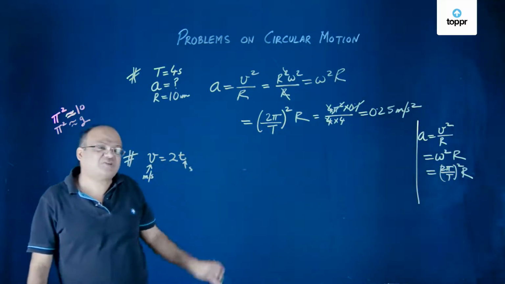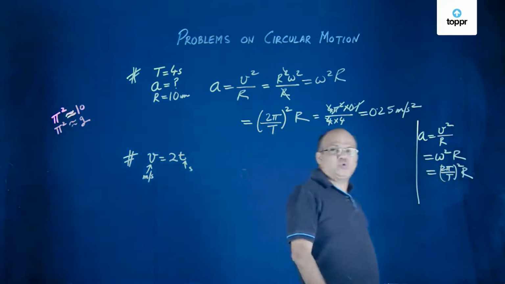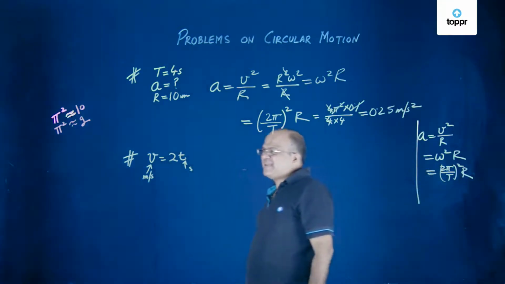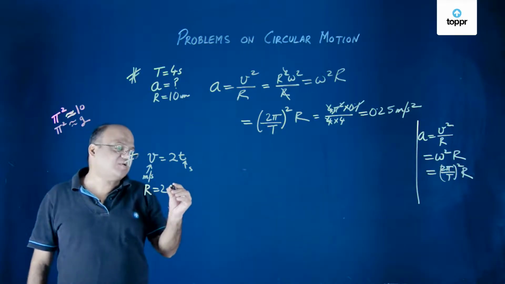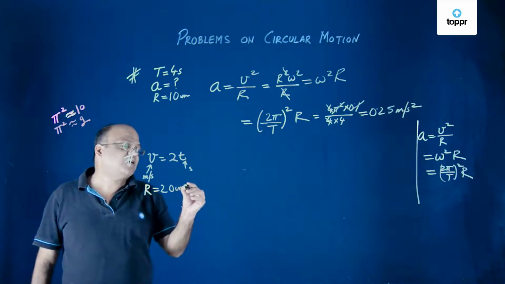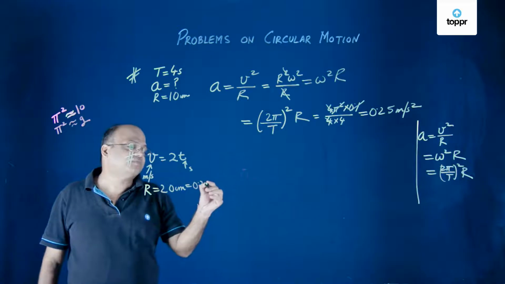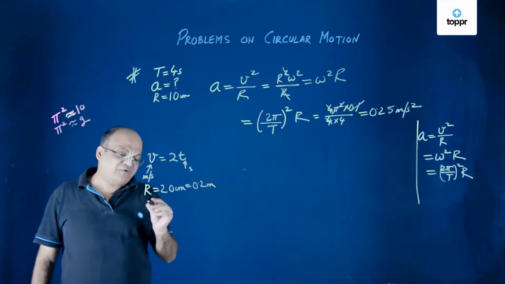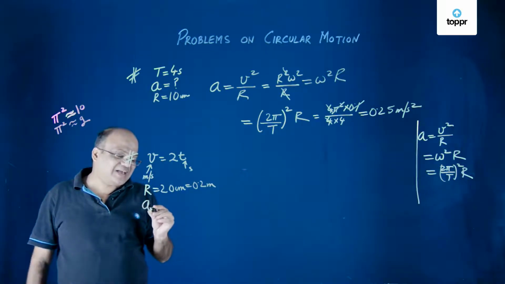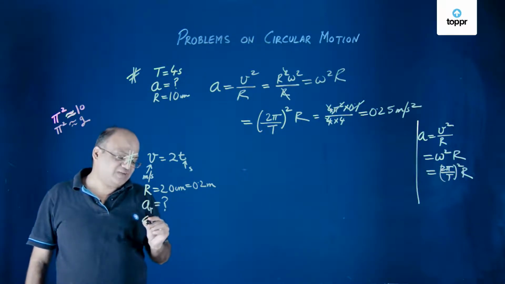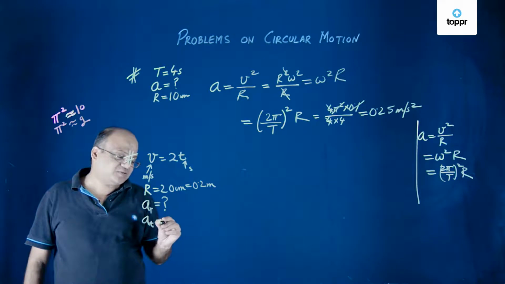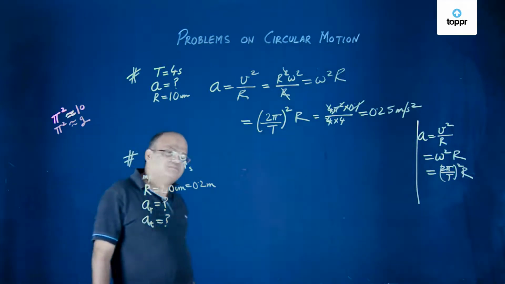And let us say the radius of the circular path is 20 centimeter, which is nothing but 0.2 meters. And they want us to find the radial acceleration, that is the centripetal acceleration, and also the tangential acceleration. So that is the question.